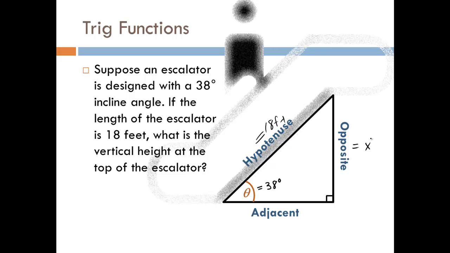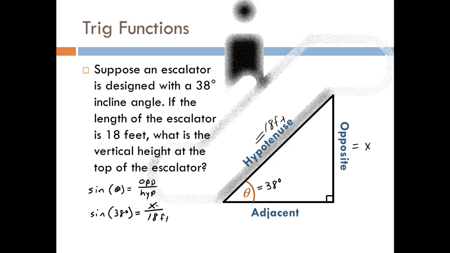If we remember, the sine of theta was equal to the opposite side over the hypotenuse. So if we plug things in, that means I have the sine of 38 degrees equals the opposite side, which is x, divided by the hypotenuse, which is 18 feet.